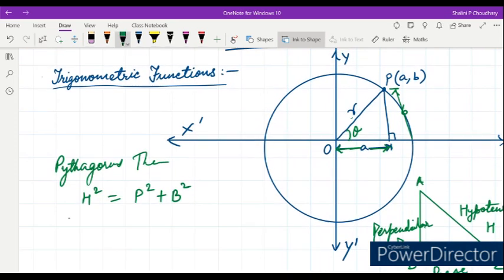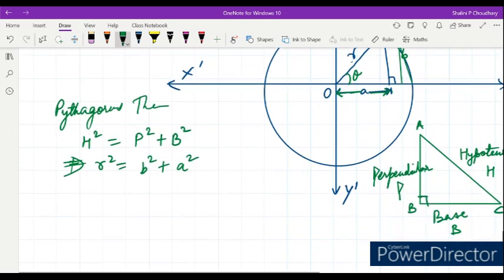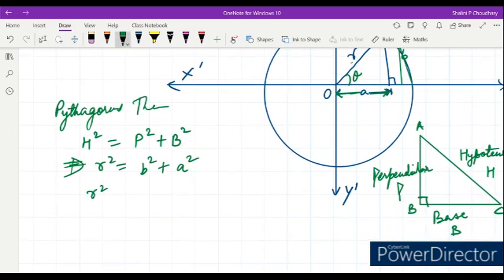It means r is the radius and that is the hypotenuse. R square will be equal to base square plus perpendicular square. Perpendicular is b, so perpendicular square is b square, and base is a, so base square is a square. So we can say that r square is equal to a square plus b square, right?